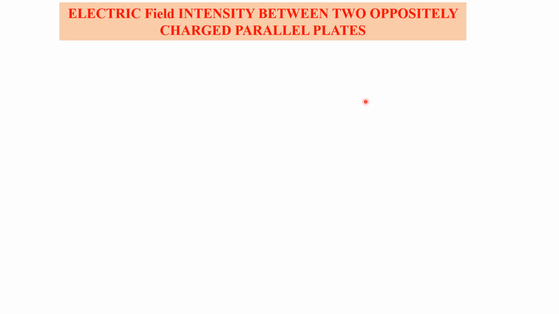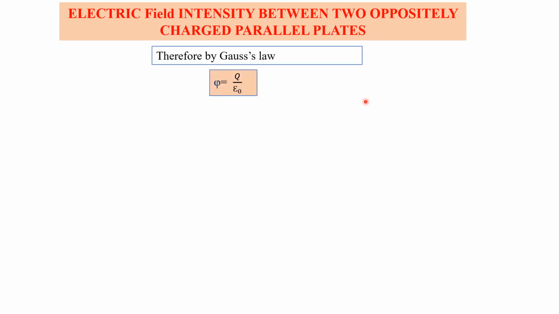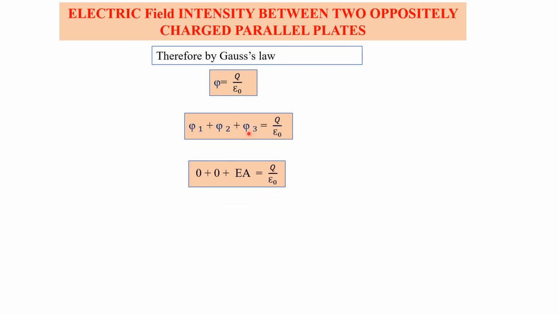From Gauss law, we know that flux is equal to Q upon epsilon naught. Q is charge and epsilon naught is permittivity of free space. Here phi is the total flux, which is equal to phi 1 plus phi 2 plus phi 3. Phi 1 is flux at side 1 of the Gaussian surface.